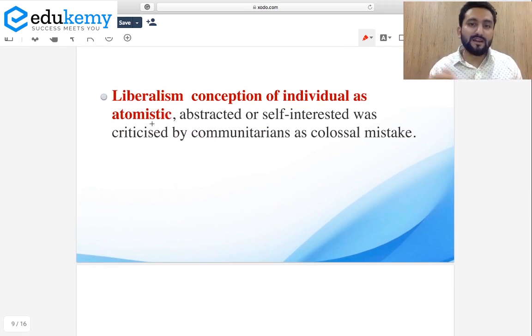But when it comes to communitarians, what they say is that the liberal conception of individual as an atom is abstract. You cannot find any man which is independent of his or her social conditions. We are indoctrinated.